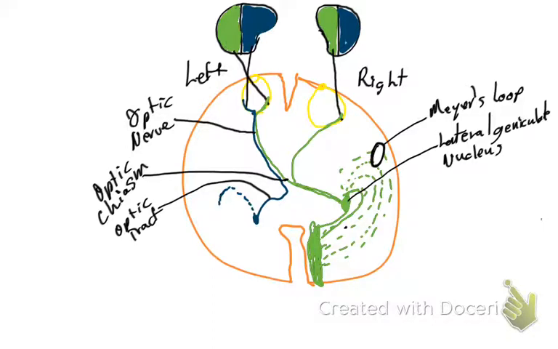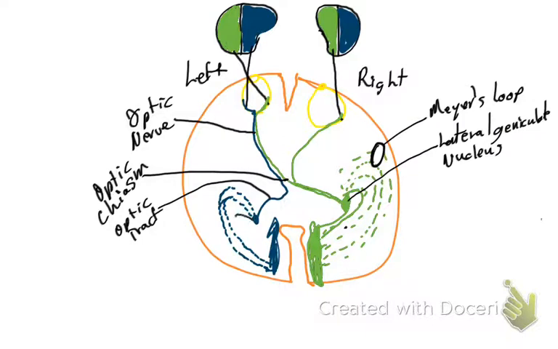Meyer's loop comes from where? From the lateral geniculate nucleus. Okay, so this is Meyer's loop, and then the other that is more toward the midline is the dorsal optic radiation.